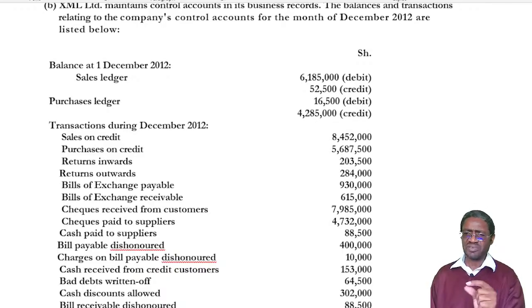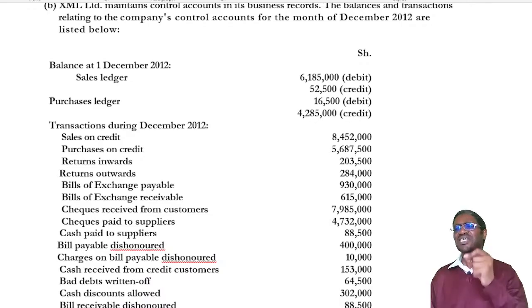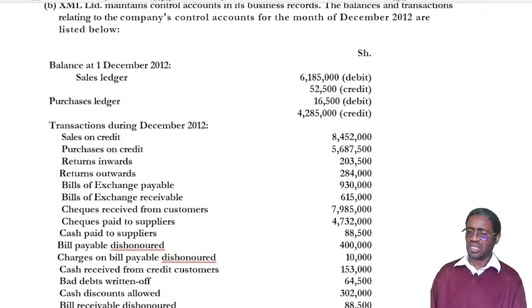We now have the next one, bills of exchange receivable. You sold goods on credit. This customer accepted to pay you by the end of the month and he signed that bill. So you received the bill of exchange. It's as good as having been paid. So to you as a business, that's a bill receivable.